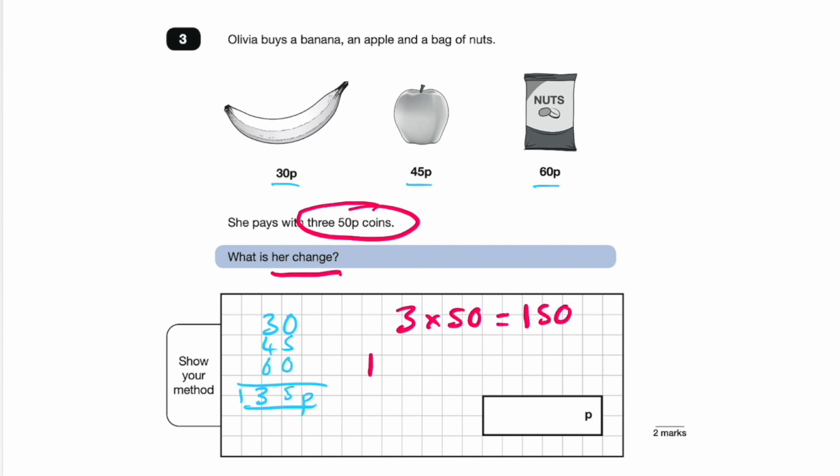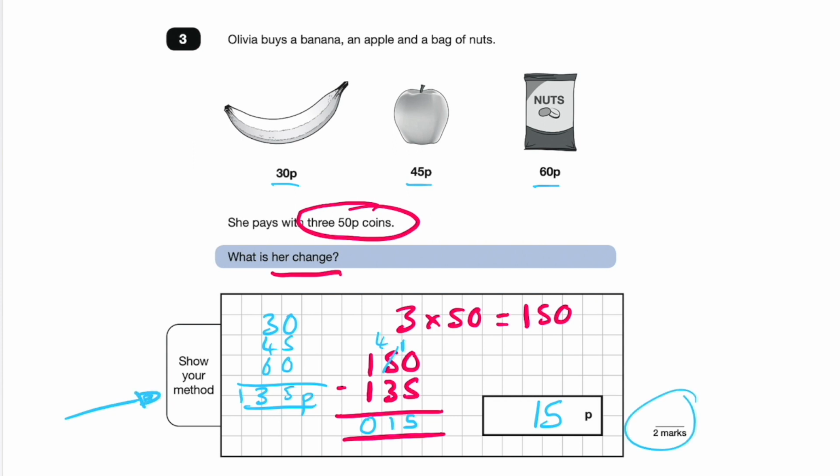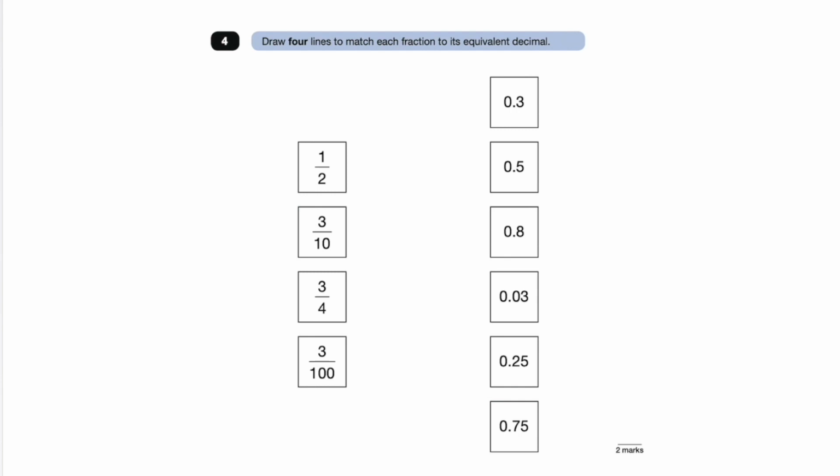So if we have 150, subtract my 135, 0 subtract 5 I can't do, so I'll have to borrow from next door. 10 subtract 5 is 5, 4 subtract 3 is 1, 1 subtract 1, 0. So her change would be 15p. And again, noticing that it says show your method, so it wants to see our workings out to get the full 2 marks.